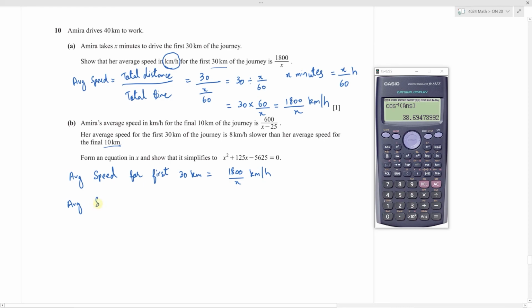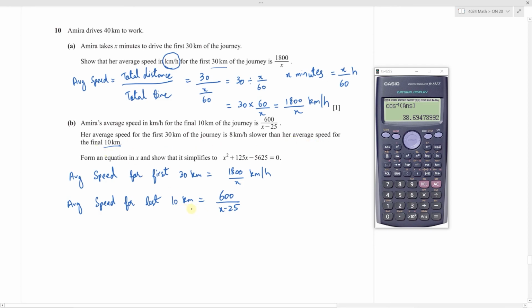And then what's her average speed for the last 10 kilometers of the journey? Average speed in kilometers per hour for the final 10 kilometers of the journey is this, 600 over X minus 25. And then you're given that her average speed for the first 30 kilometers is 8 kilometers per hour slower than her average speed for the final 10 kilometers.